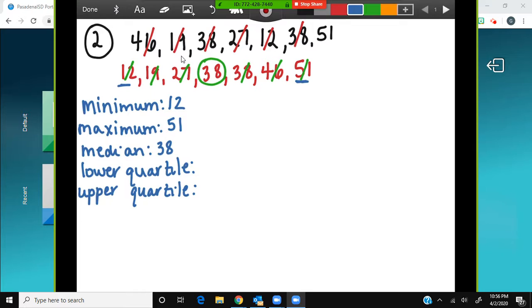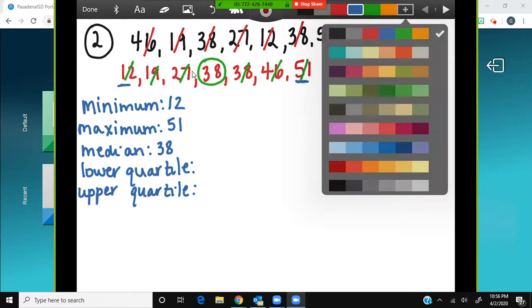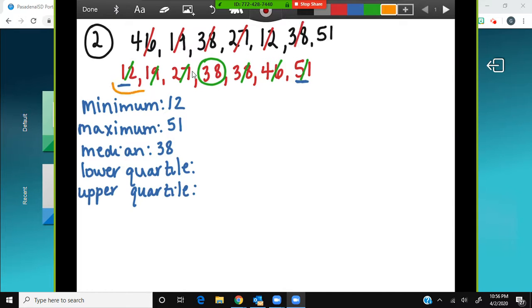Well, I can use the first 3 to find my lower quartile, and I'll use the 3 on the right for my upper quartile. Notice how these are the lower numbers, used for the lower Q, and these are the higher numbers, which will be used for the upper Q.